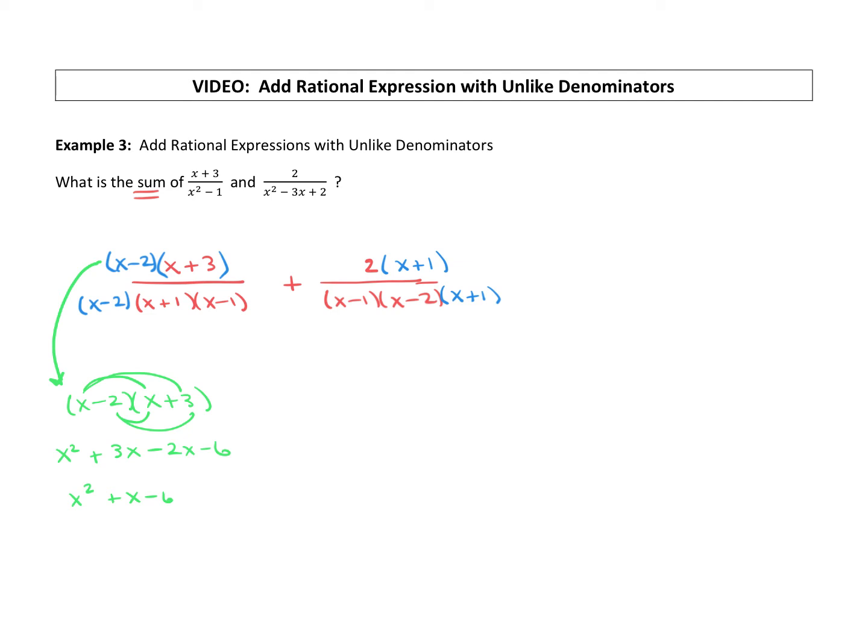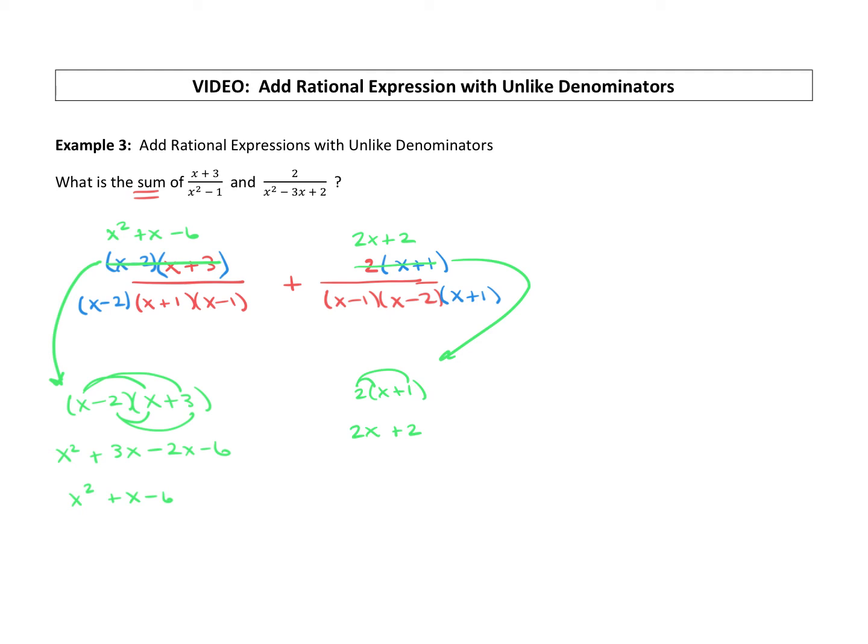Maybe I'll cross that off and write that above: x squared plus x minus 6. Then we have this numerator, 2 times x plus 1. Let's distribute the 2. 2 times x, 2 times a positive 1 is plus 2. So this is now 2x plus 2.